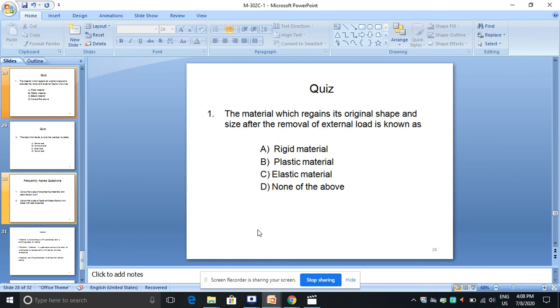See here, the material which regains its original shape and size after removal of the external load is known as elastic material.